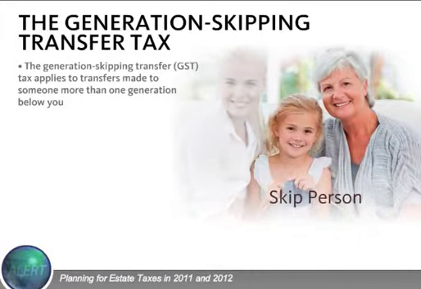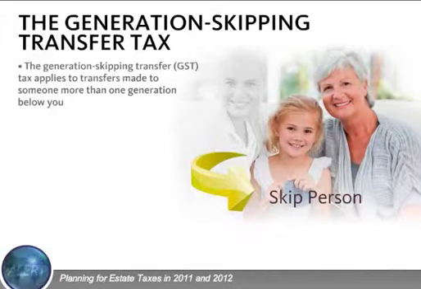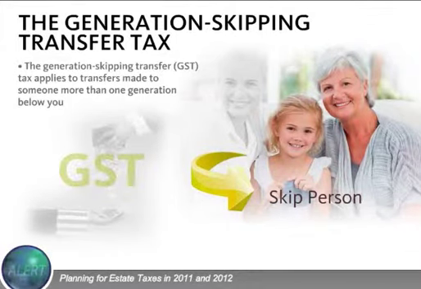If property is transferred either during life or at death to a skip person, then the transfer is subject to generation-skipping transfer tax, which is imposed in addition to gift tax or estate tax. The reason there's a generation-skipping transfer tax is to prevent individuals from avoiding estate tax on the intermediate or skipped generation.